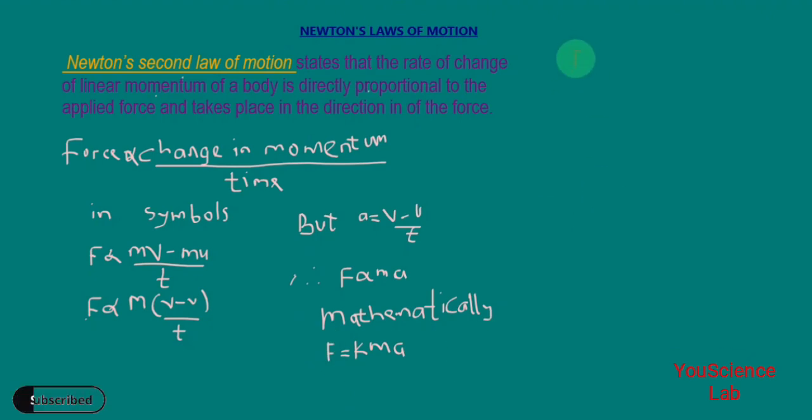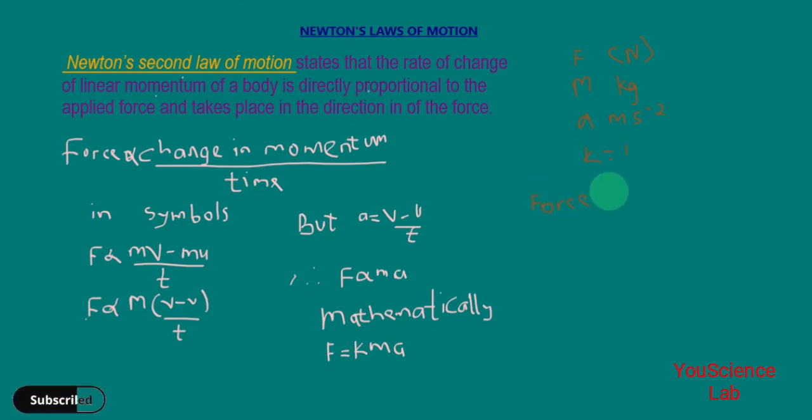Now, the unit of force is the Newton, the unit of mass is the kilogram, and the unit of acceleration is the meters per second squared. So, the value of k is equal to 1.